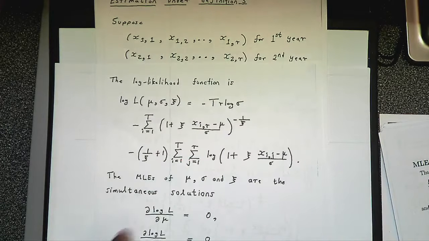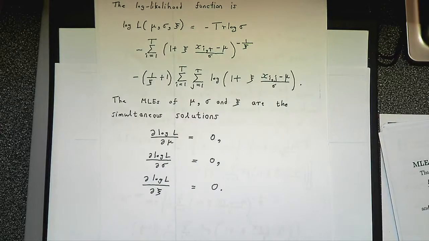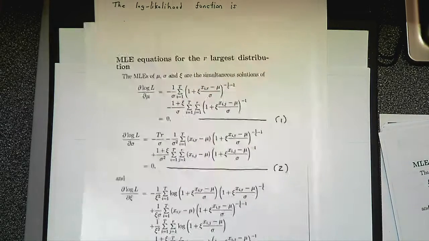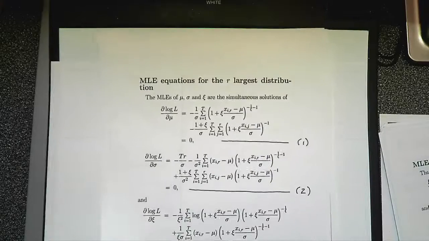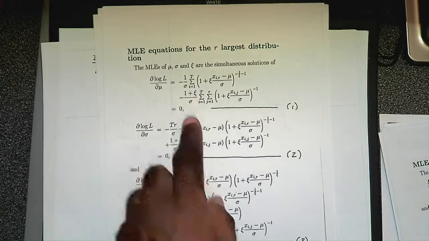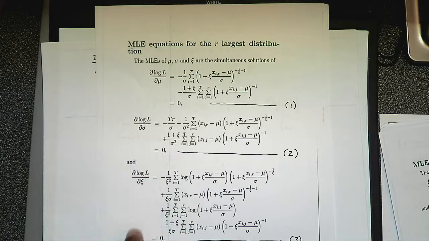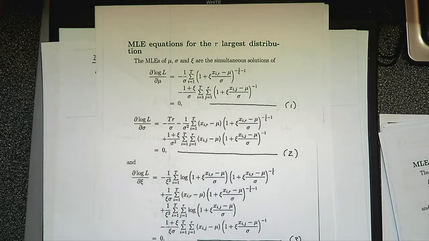The log likelihood will be this, and the MLEs will be the solutions of these 3 equations. Again, I have worked out the partial derivatives: this is the partial derivative with respect to mu, with respect to sigma, with respect to psi. You should solve these 3 equations, and you will get the MLEs.